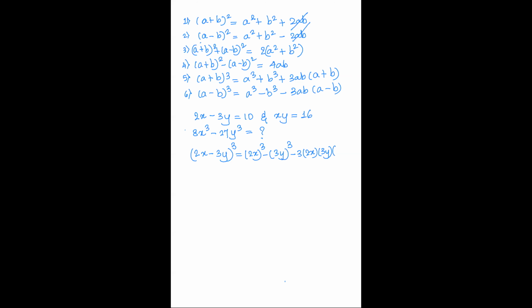In the second bracket, we have a minus b, और a minus b की जगह पे आएगा 2x minus 3y. So we have simply expanded 2x minus 3y the whole cube. That is a cube minus b cube minus 3ab into a minus b.